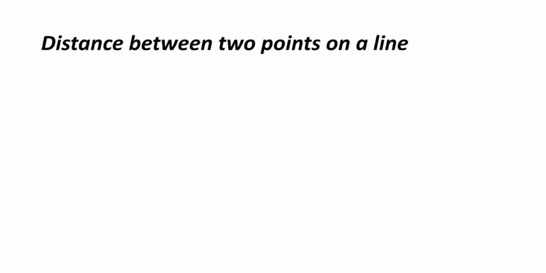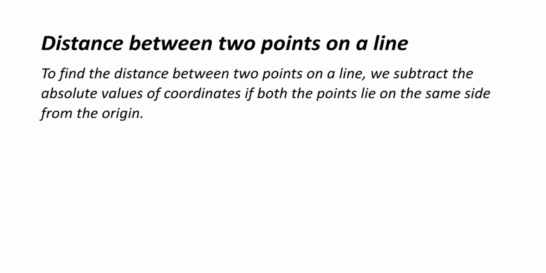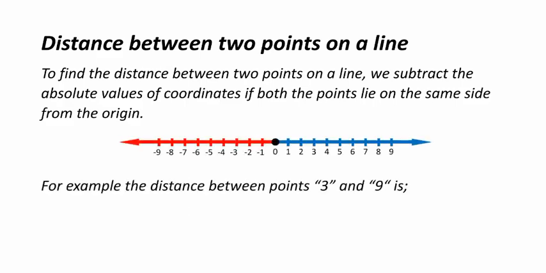Distance between two points on a line. To find the distance between 2 points on a line, we subtract the absolute values of coordinates if both the points lie on the same side from the origin. For example, the distance between points 3 and 9 is absolute value of 9 minus absolute value of 3, which is 9 minus 3, that is 6 units.